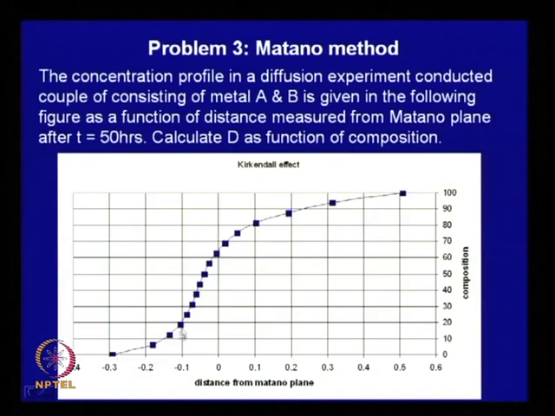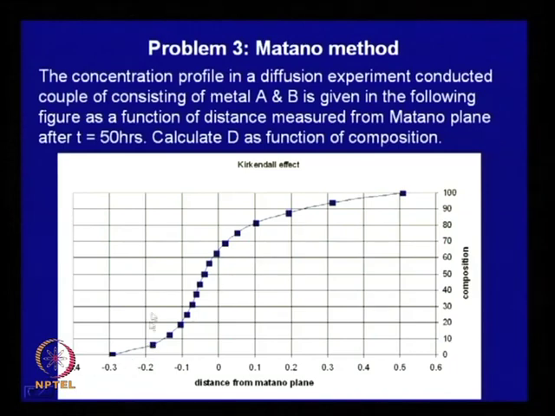This is not symmetric, even if you consider that this is the Matano interface where this area and this area are equal, the curve is not symmetric. So, looking at this concentration profile, it is possible to conclude that the inter-diffusion coefficient in this case is going to be a function of composition.